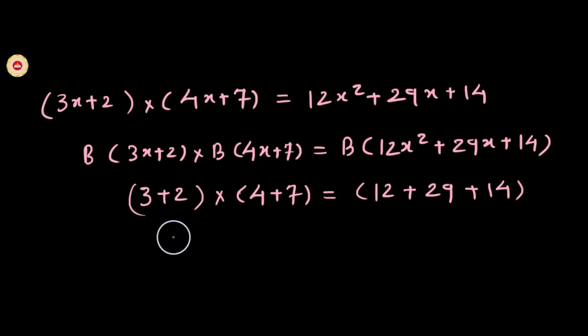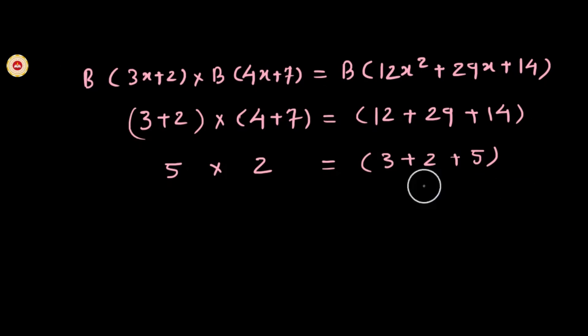So 3 plus 2 is 5, multiplied by 4 plus 7 is 11, 2 digits, so 1 plus 1 is 2. We need Bijanka in the form of a single digit, we don't need 2 digits. Okay, 1 plus 2 is 3, plus 2 plus 9 is 11, 1 plus 1 is 2, plus 1 plus 4 is 5, right? 5 twos are 10, 2 digits, 1 plus 0 is 1.